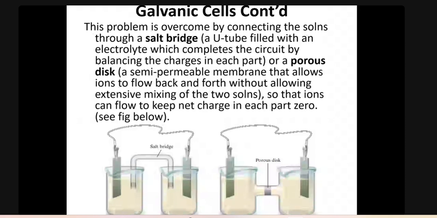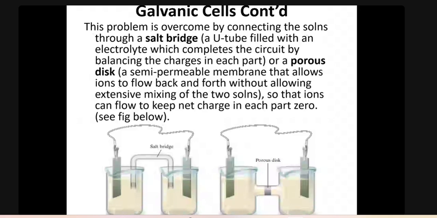The other half cell where you have the metal that's gaining electrons is called the cathode. You have heard this from batteries: there's the cathode and there's the anode. So that's how it came about. Oxidation occurs at the anode, and reduction always occurs at the cathode.